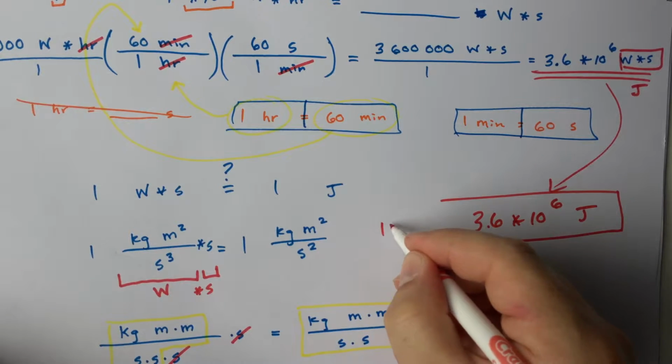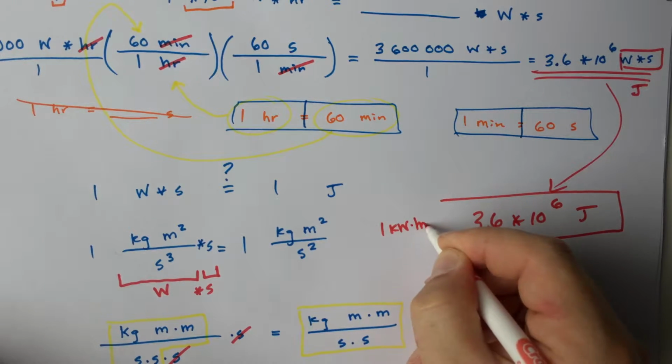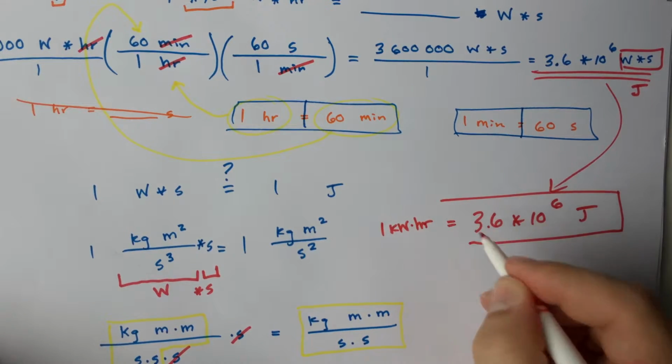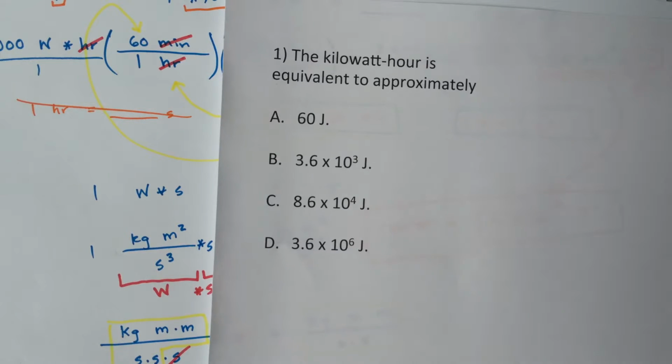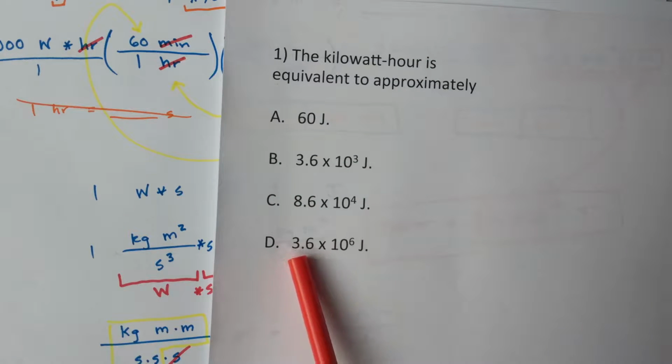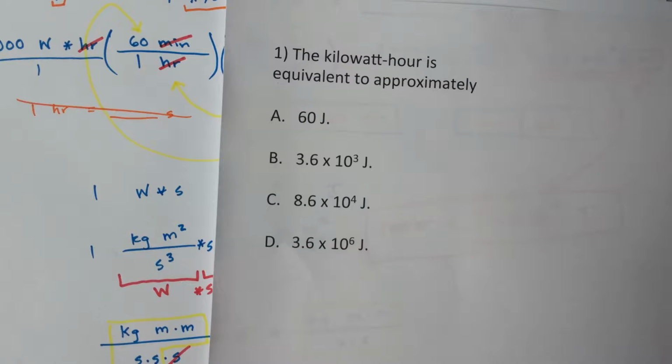And that is what 1 kilowatt hour is equal to. This puts it on your sheet as answer number D, 3.6 times 10 to the 6 joules.